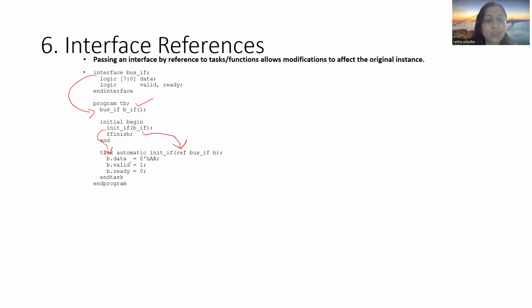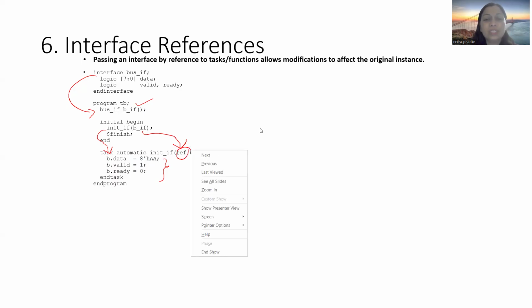Now, when I say b dot data is 8'hAA, b dot valid is 1, b dot ready is 0, these are changed permanently. So when the task returns, these changes reflect in the original instance. This is not a temporary change. It's a permanent change that happens on the port list because I've used the syntax ref there.